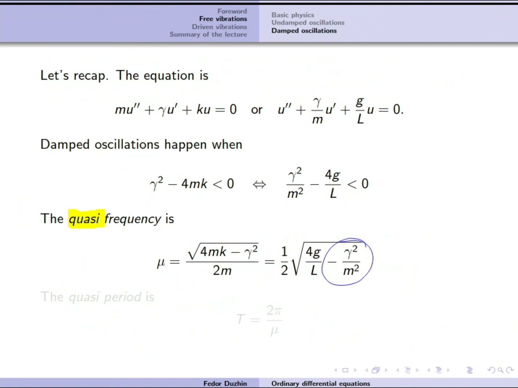And this term is positive, so we are subtracting it. The whole thing becomes smaller, meaning that the quasi-frequency is smaller than the usual frequency, and the usual frequency will be 1/2 square root of 4g over L. Yeah, so remember that the formula for the frequency, we can actually cancel, so it's square root of g over L. So that's the formula from the beginning of today's lecture.